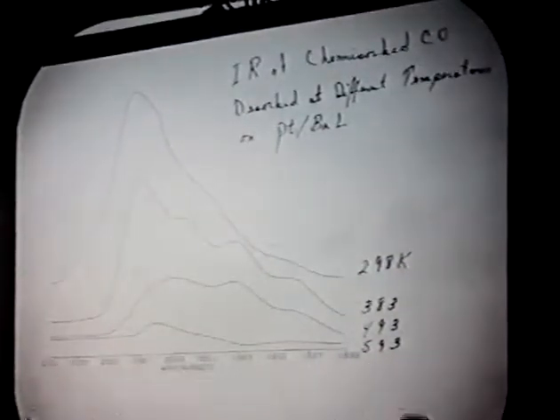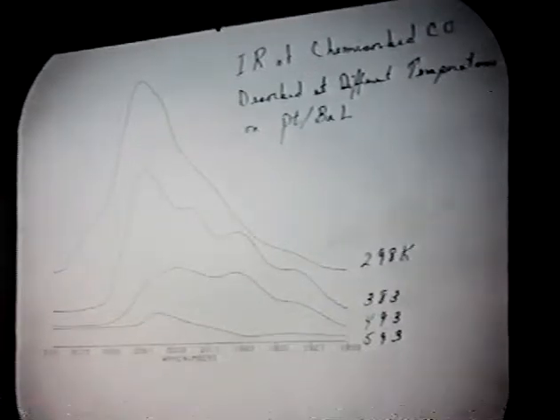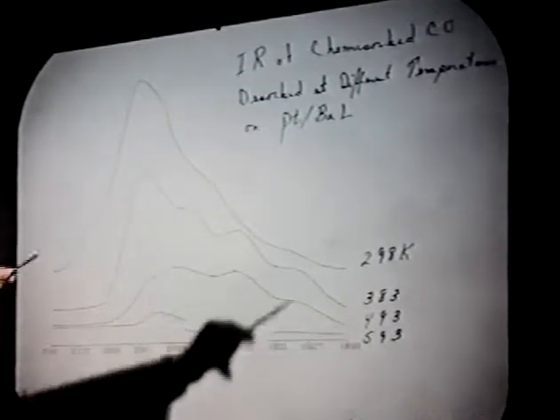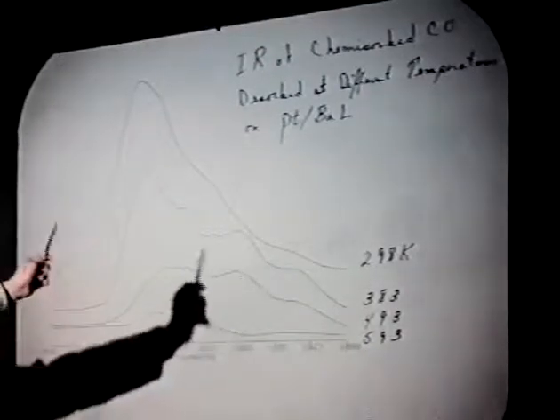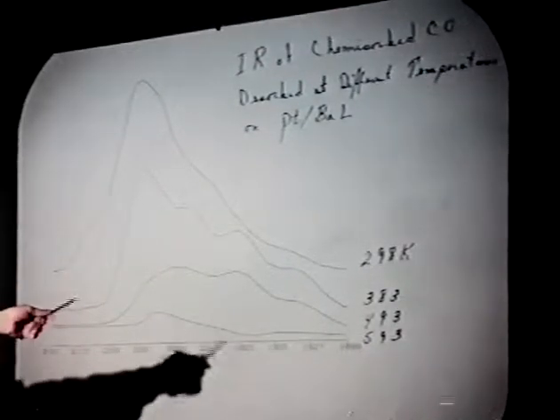still measurable. And so now I'm showing you the IR of CO as a function of different desorption temperatures. This is room temperature, and then at 383, 493, and 593.